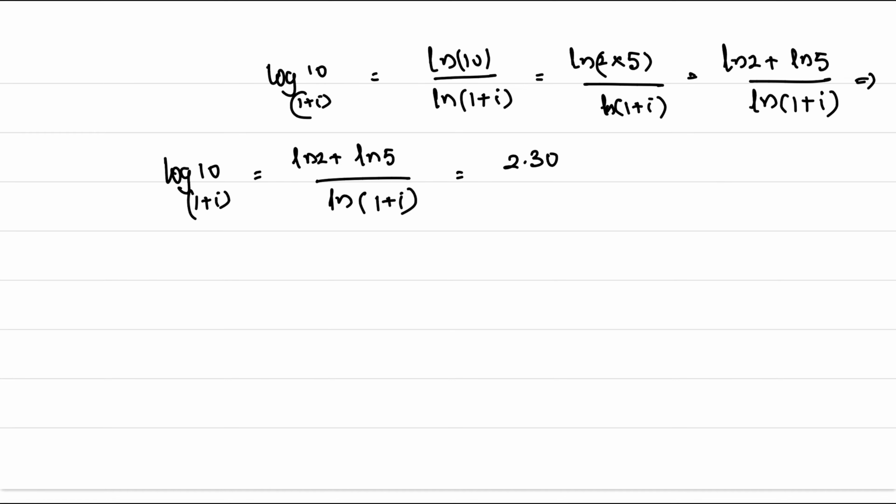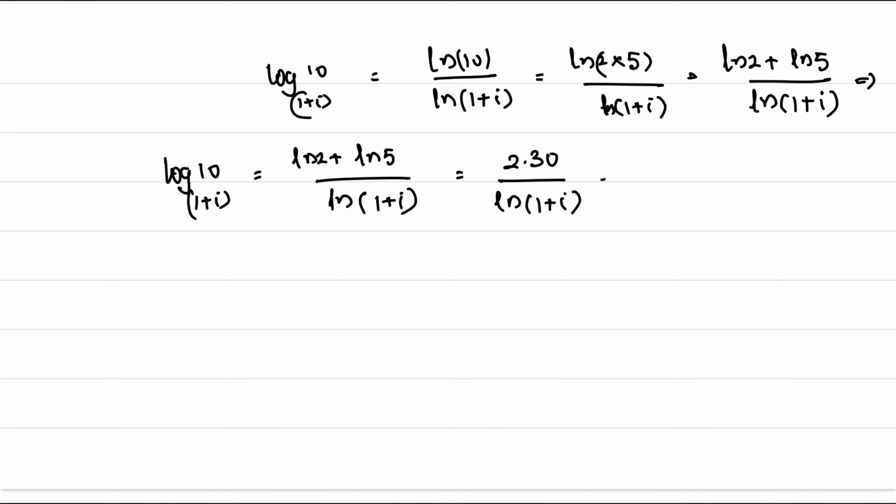These values I have already given in my previous lectures. Please see my previous lectures on logarithms and exponents. Whole divided by ln 1 plus i. The challenge here is to find out what is ln 1 plus i to the base e. What is ln 1 plus i to the base e?